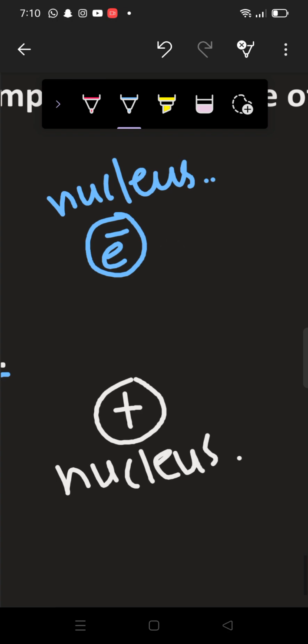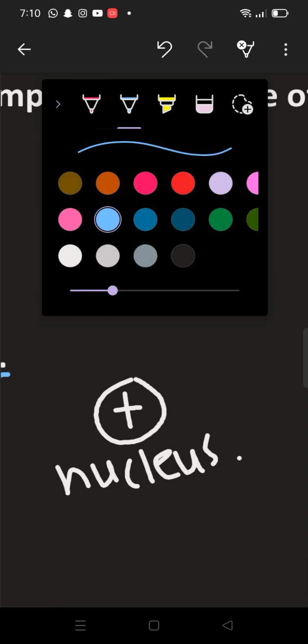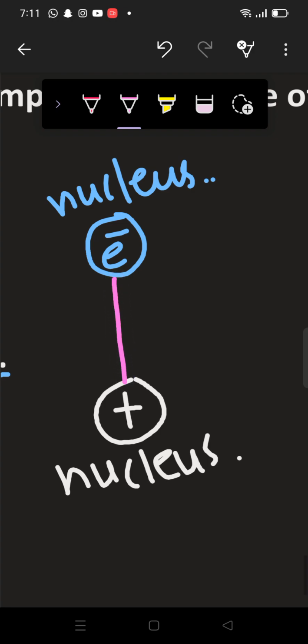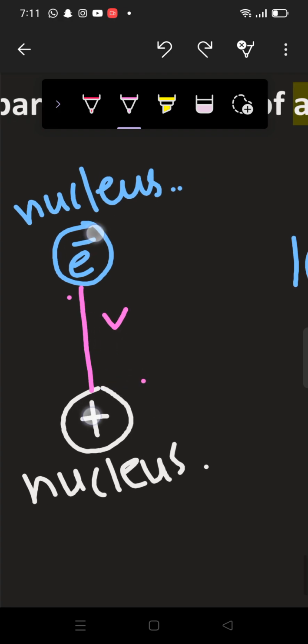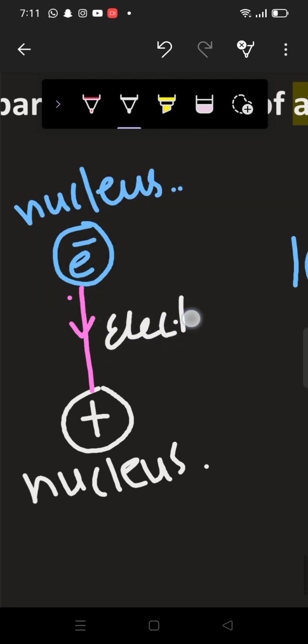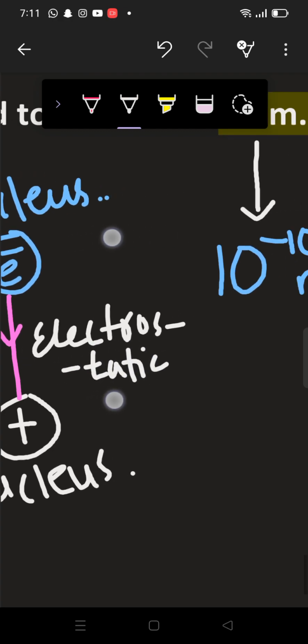This is basically the nucleus. Now we know that between a positive and a negative charge, there would be an electrostatic force between these two charges. Let me write that. Electrostatic force.